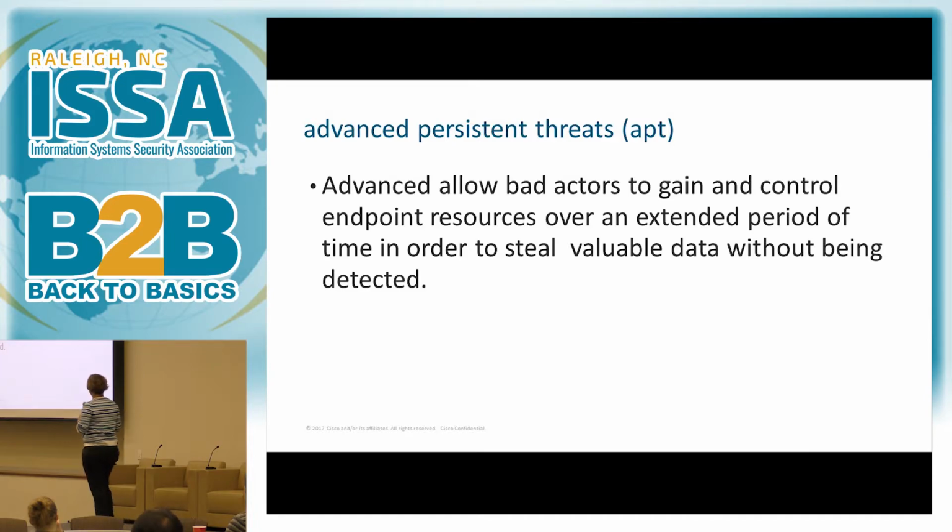And then APTs: gaining control of the endpoint resources over an extended period of time. So to me, APTs and ransomware go hand in hand. Generally, unless you have an inside person who says this is where the data is, this is where it's located, you have to be in the network for a while.